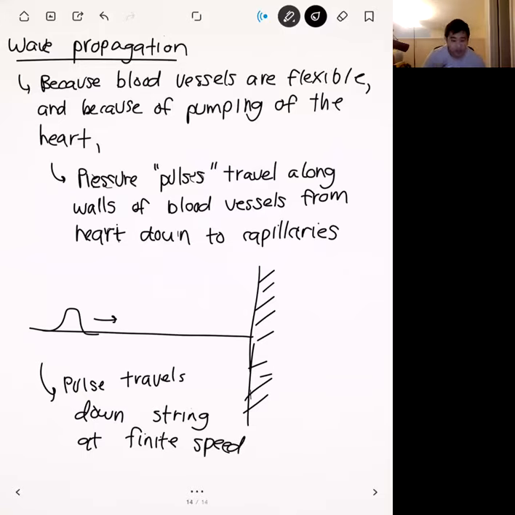And then eventually this pulse is going to reach the wall. It's going to hit the wall and it's going to reflect and come back up the string.